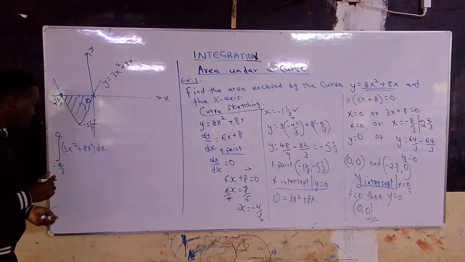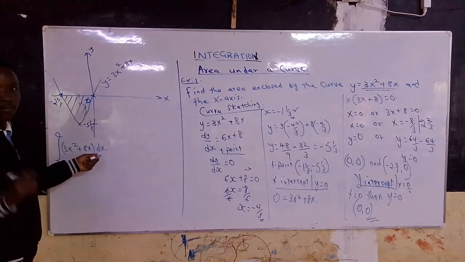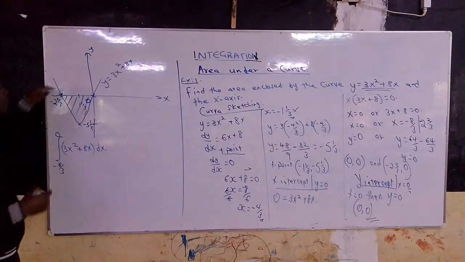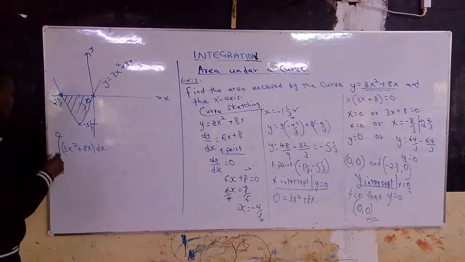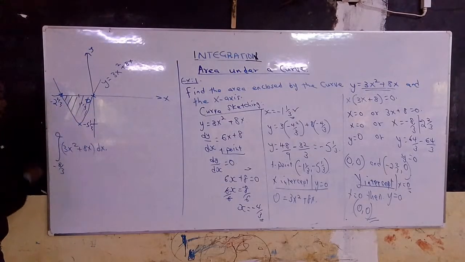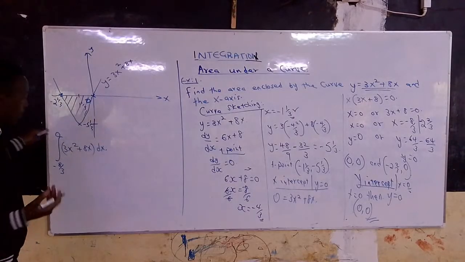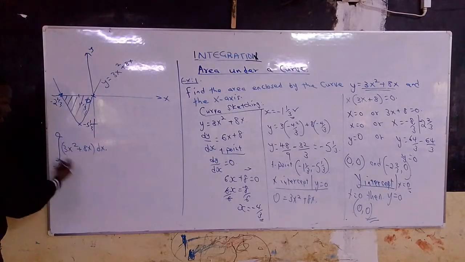Why with respect to x? Because x is the independent variable. The reason we have drawn this is so that we may determine the integral boundaries, from and to which we are integrating our function. So we will now continue integrating this.